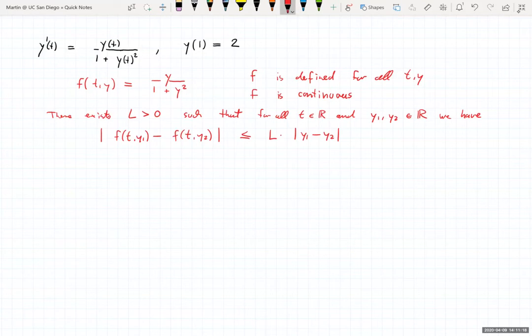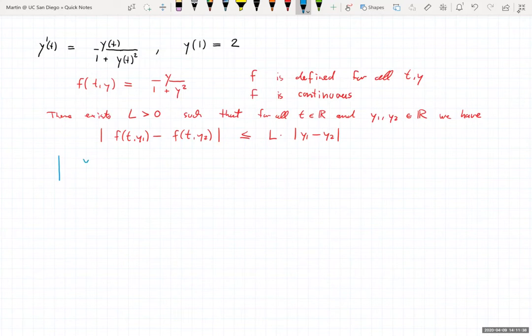Okay, this looks a bit difficult because of this nonlinear structure of the function f. We can tell it does not depend on the time t, but the dependence on y looks a bit complicated. So let's just try and see what happens.